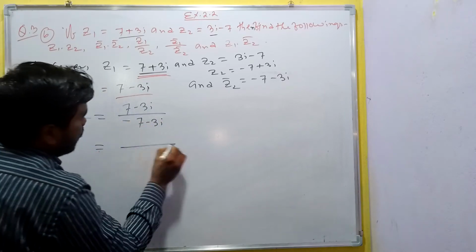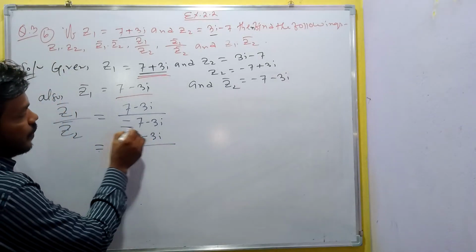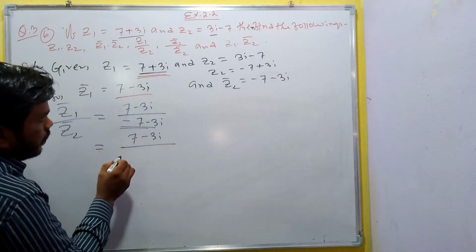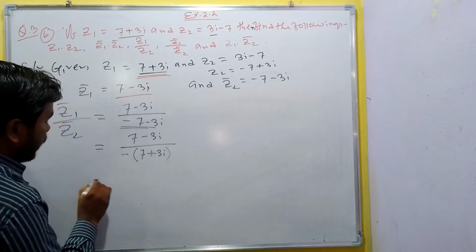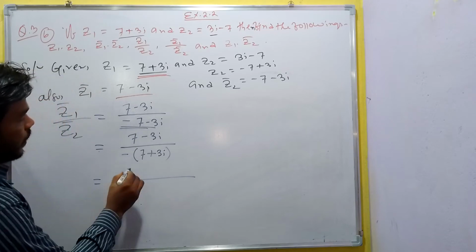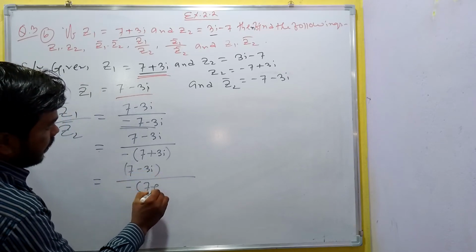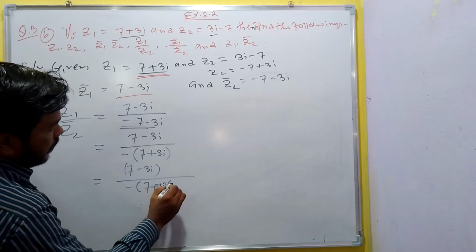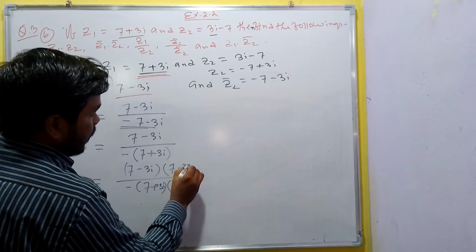Now 7 minus 3i: you can see the denominator, so you take common minus, then 7 plus 3i. Now you do rationalisation. So 7 minus 3i by minus 7 plus 3i, into 7 minus 3i, 7 minus 3i.